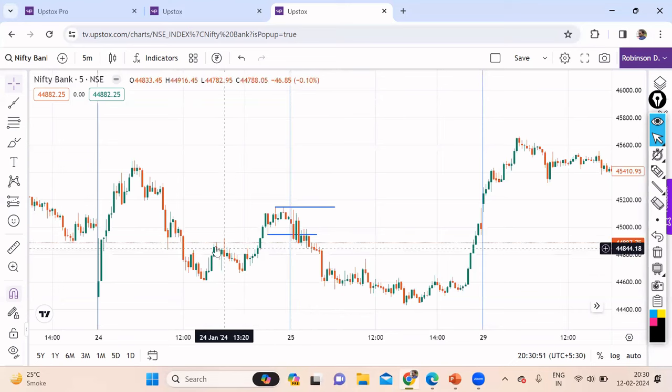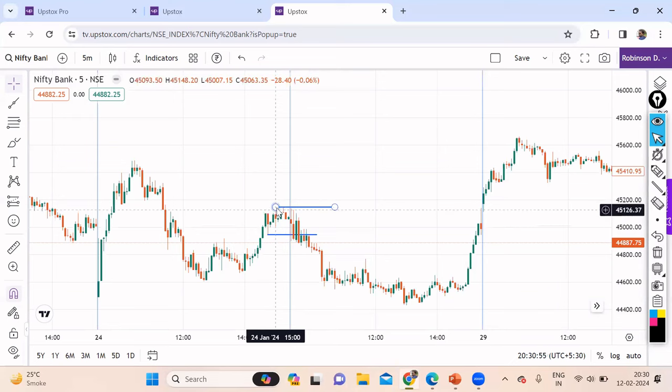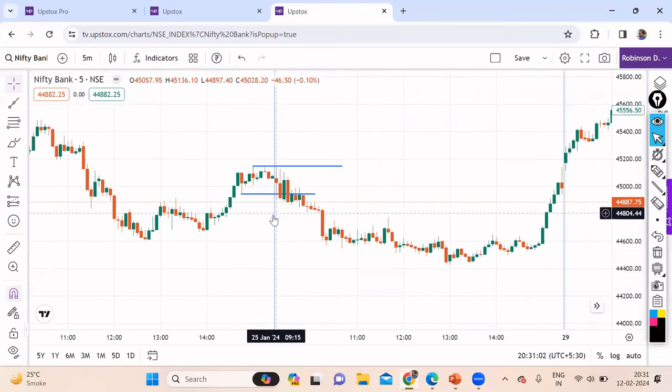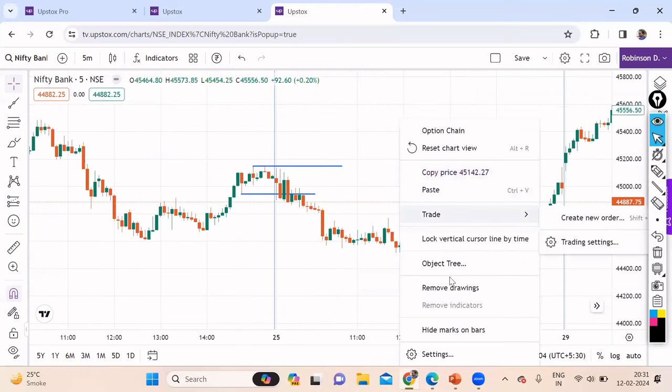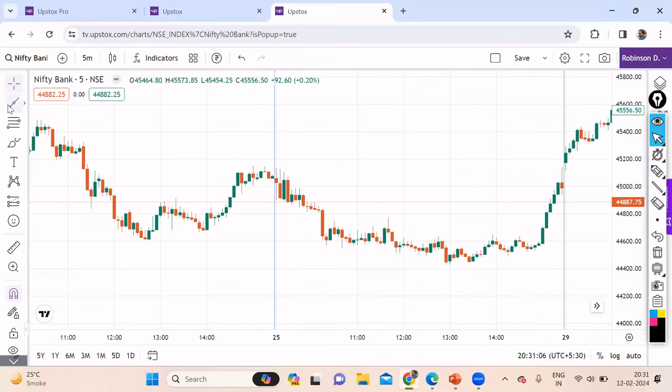Otherwise, your inducement was somewhere here and it closed on a higher note. But your line gets shifted here. Let me show you that clearly. Or I think let me draw that once again. I'm sure people might have been confused here.